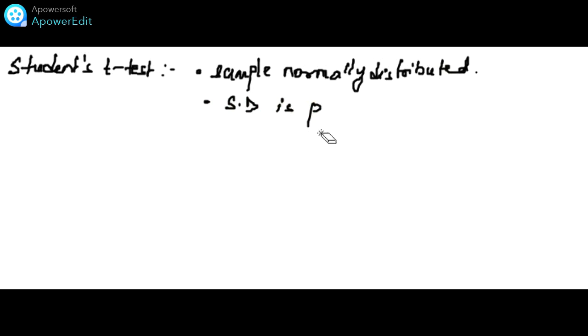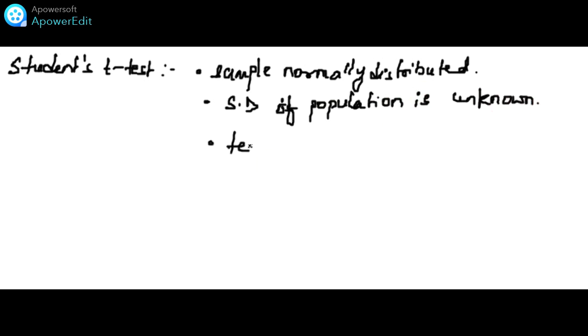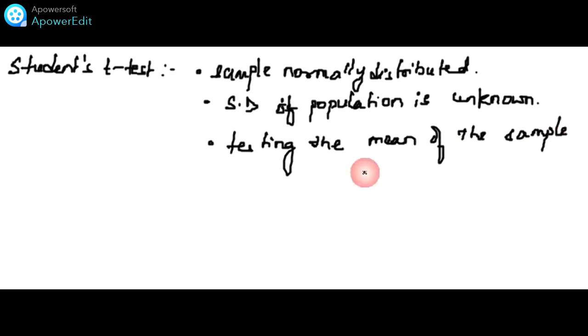We don't know how much deviation is there. And it is about testing the mean of the sample which is drawn from the population we are studying.